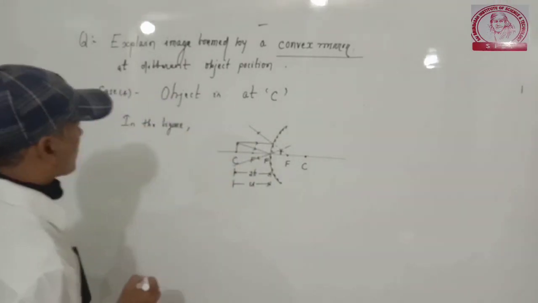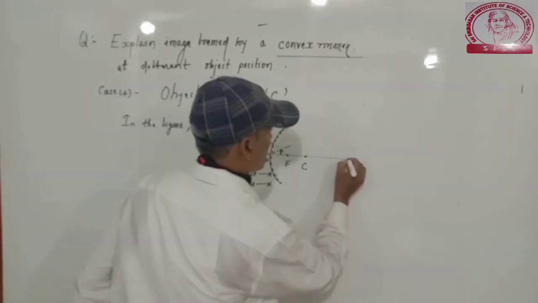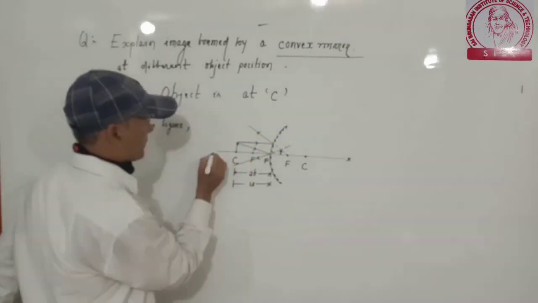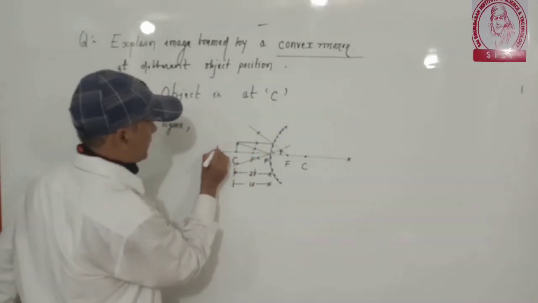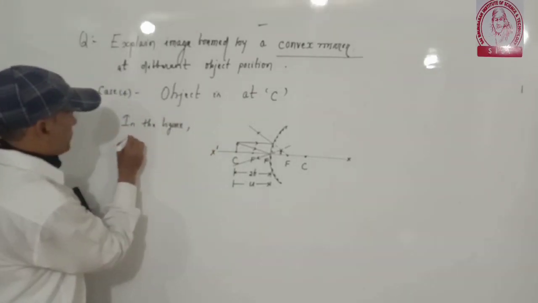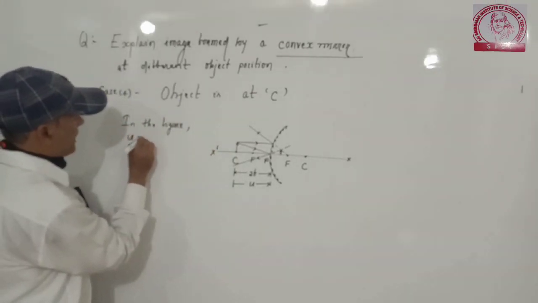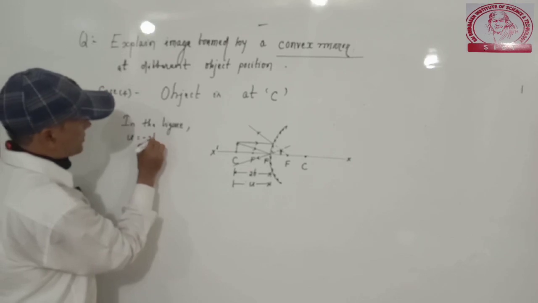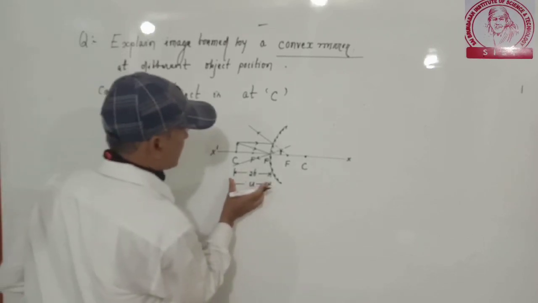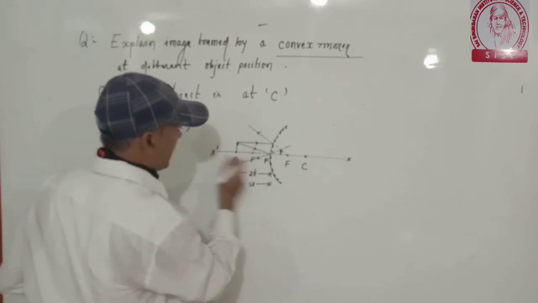U is equal to minus 2f because the object distance is measured along the negative x-axis.